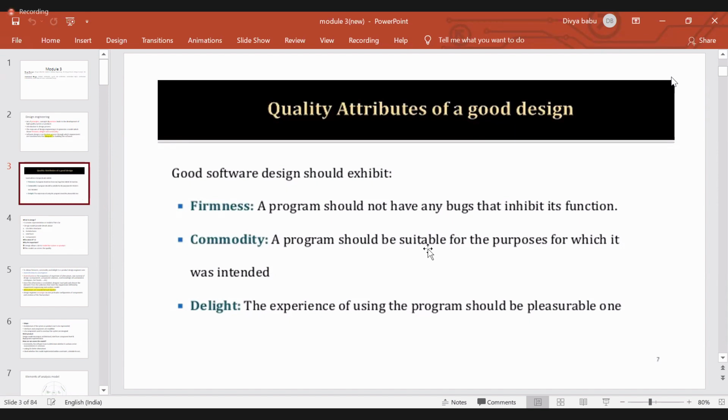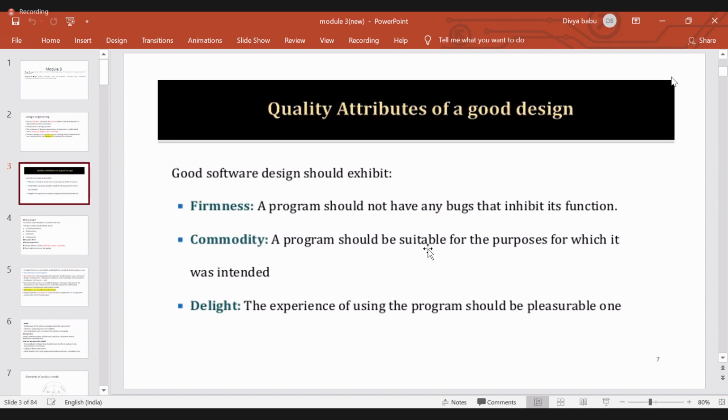What are the calculations based on the calculator property, like a normal one or scientific or programmable calculator? So what are the functions you include? That particular software has to perform that function. A program should be suitable for that purpose.